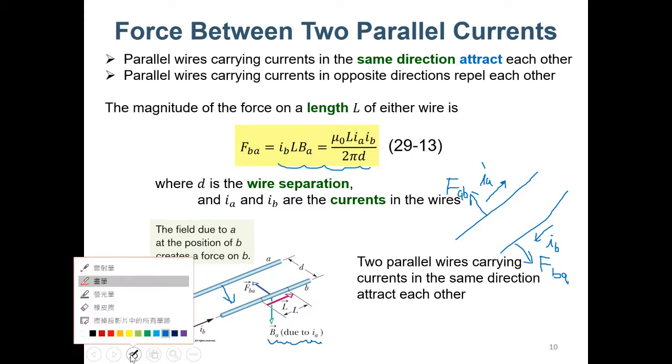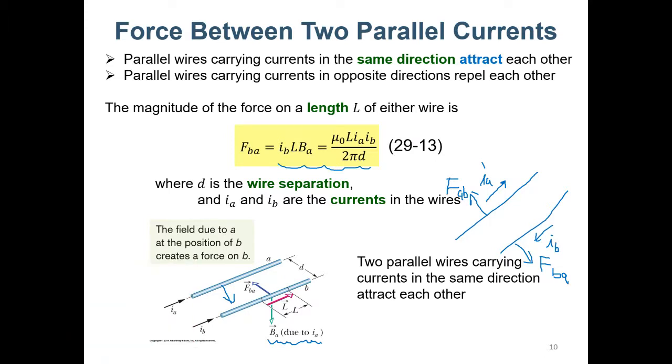For the other case, similarly, IA generates the magnetic field BA also pointing downward. However, for this case, IB is pointing in this direction, and you use the right-hand rule, the cross product, so FBA should be pointing in this direction.